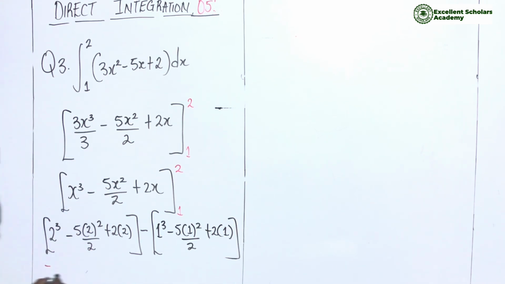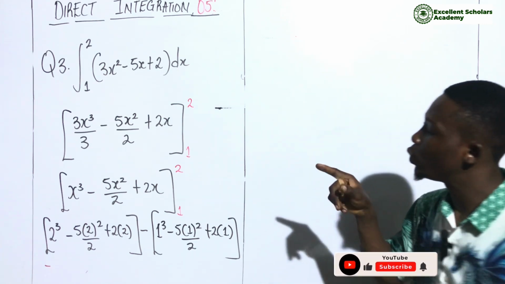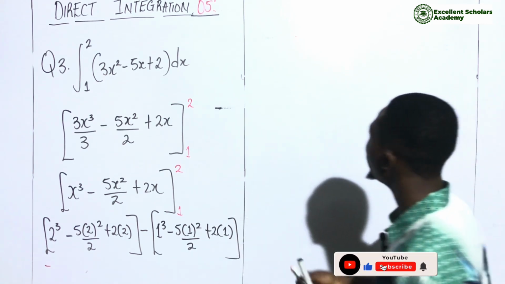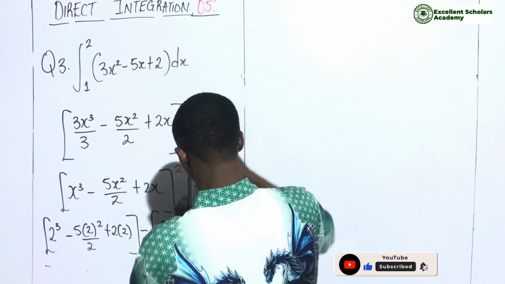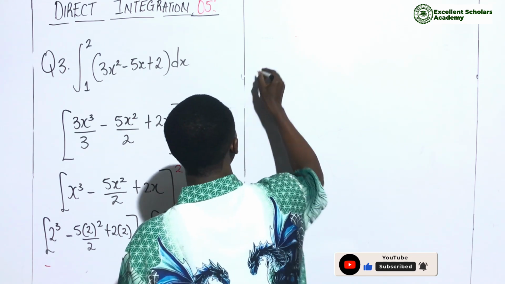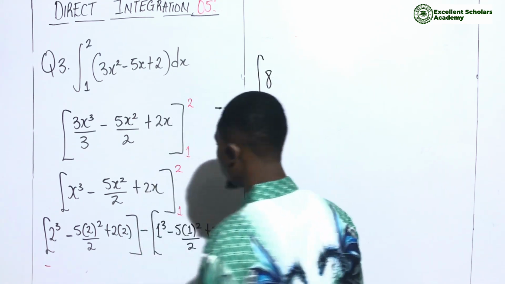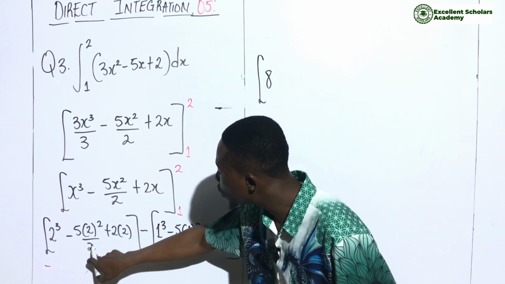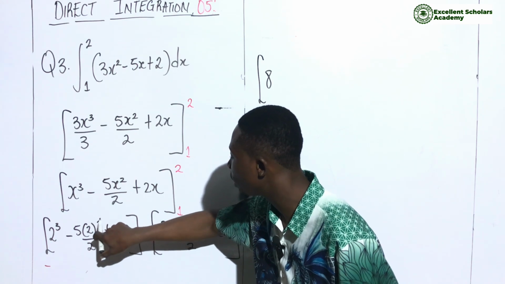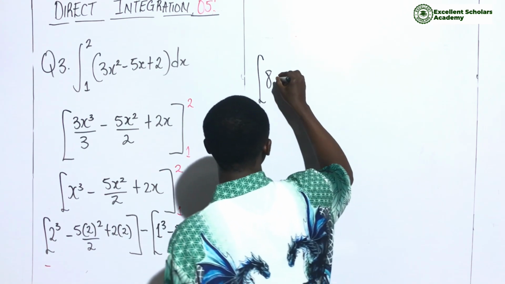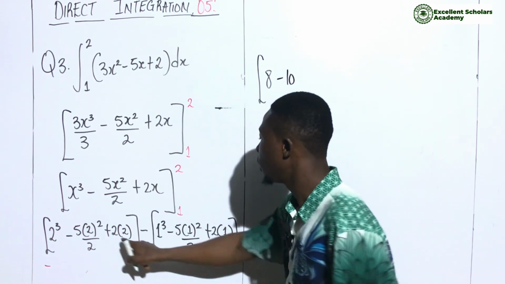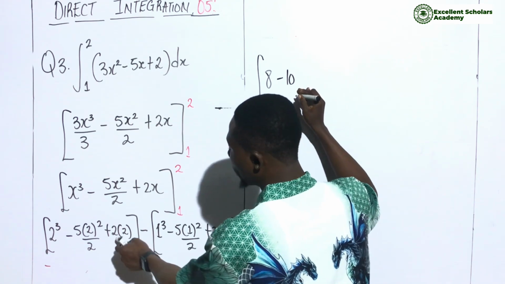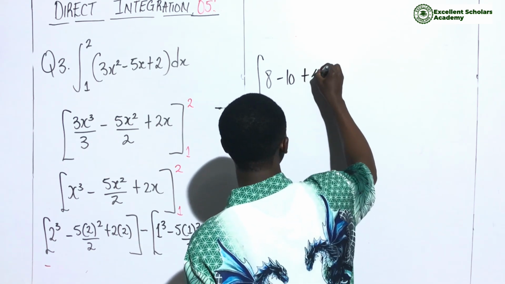Now 2 to the power of 3 gives us 8. So we have 8. Then 2 takes away one 2 here, you have just one 2 here. Then 2 times 5 gives you minus 10. Then 2 multiplied by 2 gives us 4.